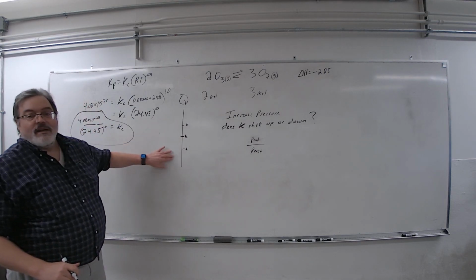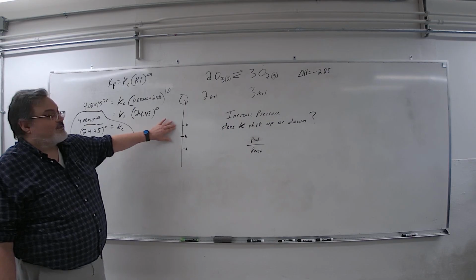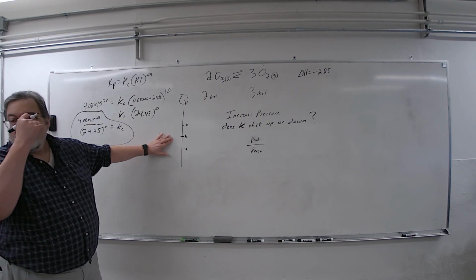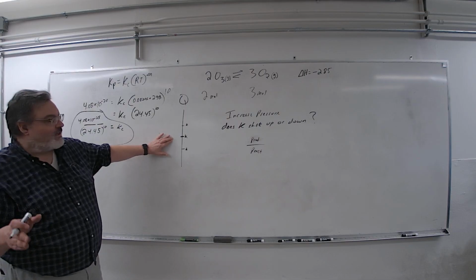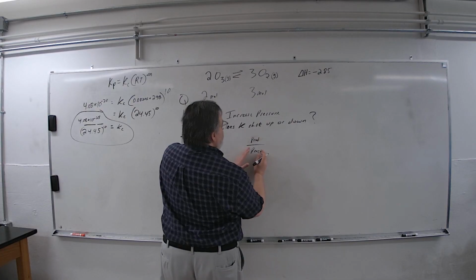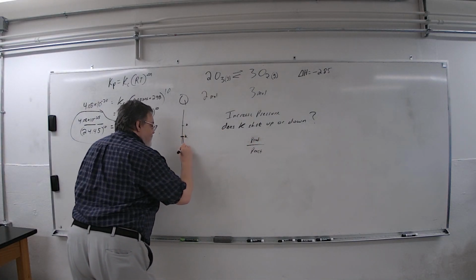So which K am I getting for a new K? Am I increasing or decreasing when I increase pressure? Decreasing. If we're shifting this way, reactants are getting bigger while products are getting smaller. So that'll make my K shift bigger.